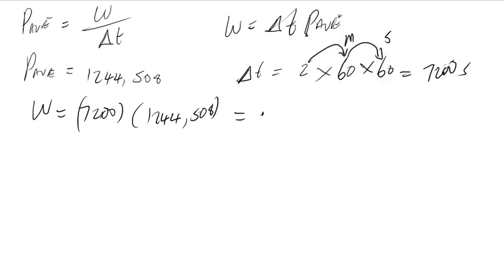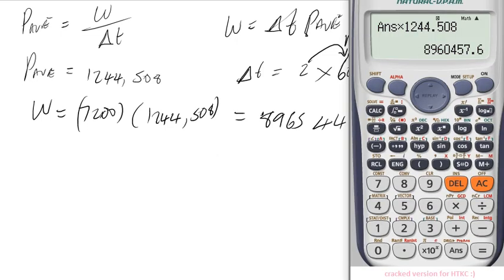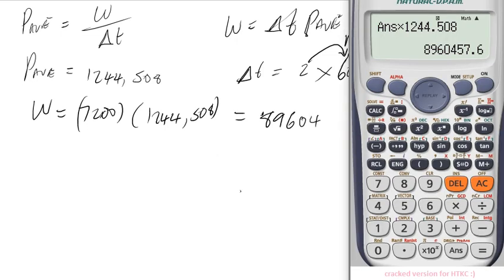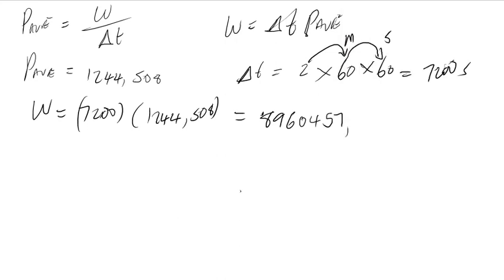So you can just round it off. W is 8,960,457.6 joules. And that's how you solve that question, guys. That's how you solve it. Okay, so we're gonna do the next question, the next slide.